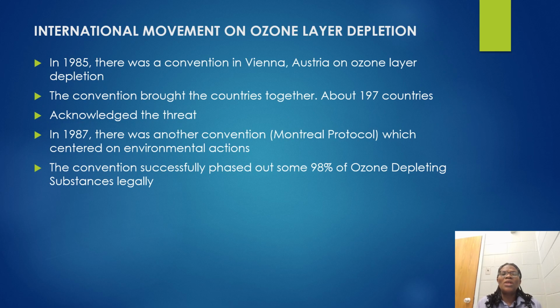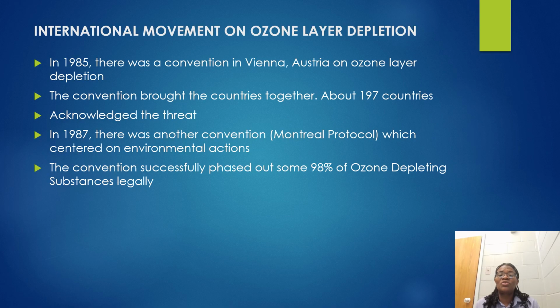Now, what were the international movements on ozone layer depletion? Because ozone layer depletion is not relative to a particular country, it is global. So in 1985, there was a convention in Vienna, Austria, on ozone layer depletion. The convention brought together so many countries, about 197 countries.